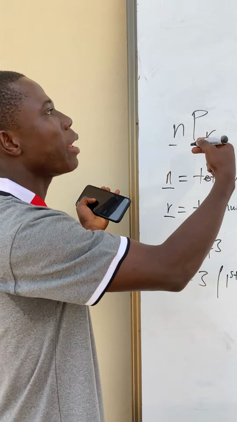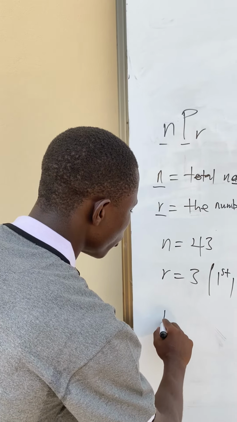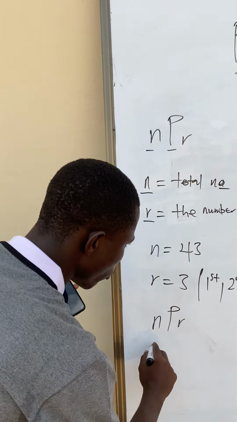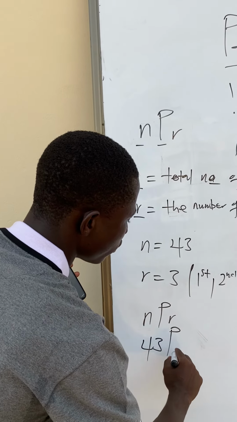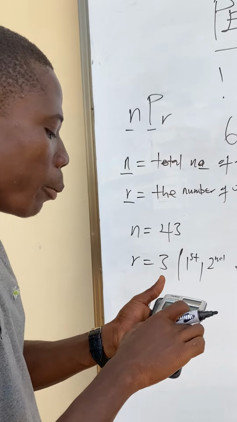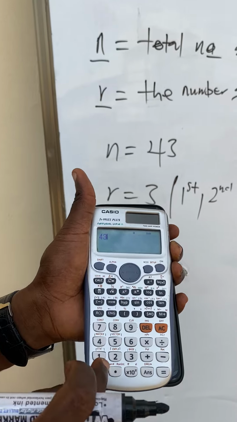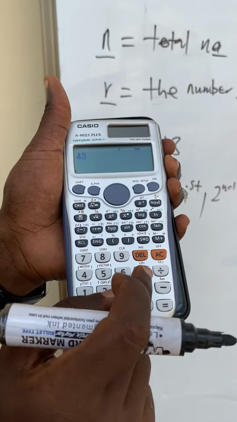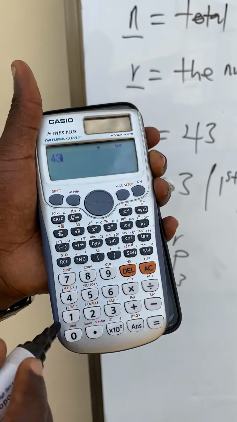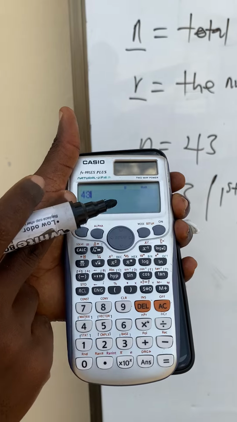So to find the permutation for this example, it's very, very simple. You write your formula nPr. Your n is 43, so 43 permutation 3. You take your calculator, then you press 43. Then permutations. If you look clearly on the calculator, you see we have nPr. So your n is 43. You've pointed 43 already.